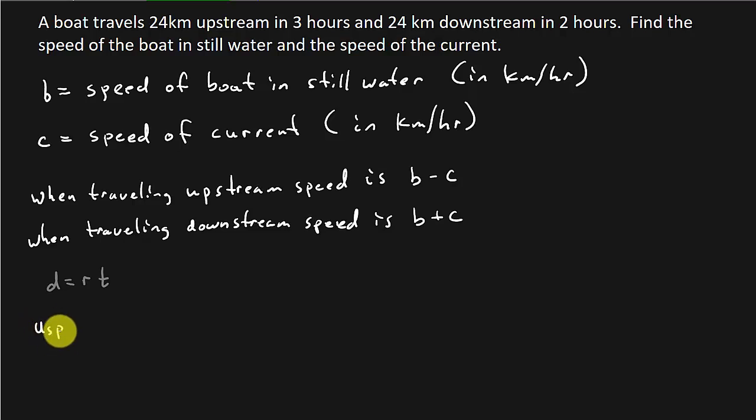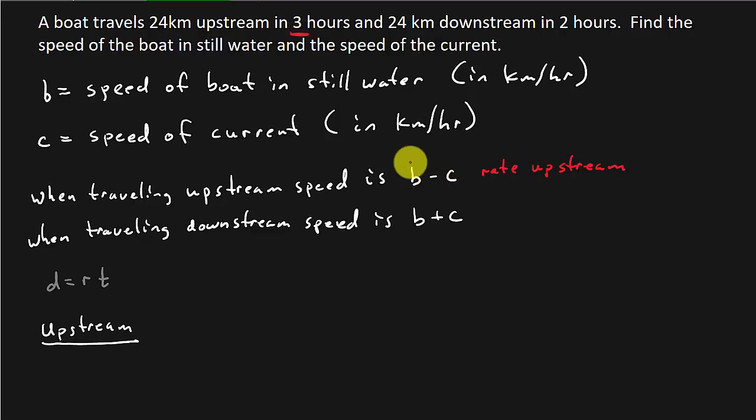Let's just label this upstream. All right, let's set up an equation for upstream. So it's distance equals rate times time. So this is the rate upstream. And we do that in a time of 3 hours.